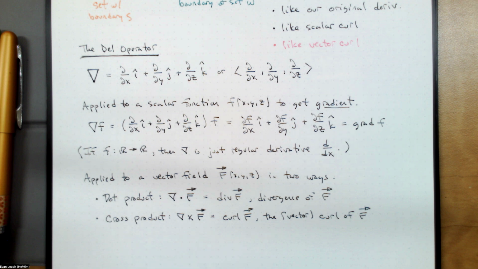If we think about water draining down a drain, when we're far from the drain, we're not getting a lot of curl. But when we're closer to the drain, the water is swirling faster, we're getting a lot more curl. Divergence is how much the vector field is acting as a source. Curl is how much the vector field is curling.